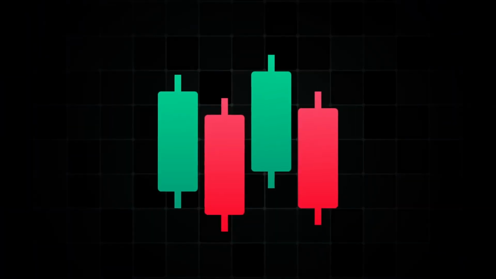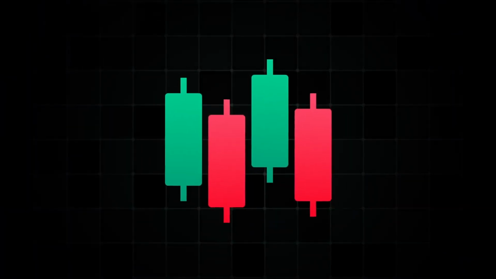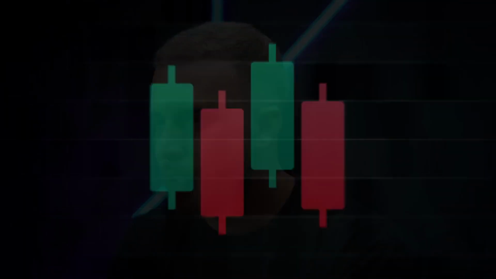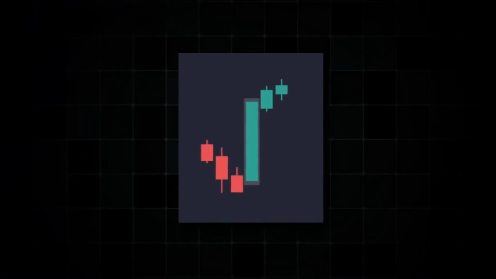The most common colors are green and red, so for this video we'll be using green and red candlestick examples. And the most common example is obviously a big green candlestick, indicating that the buyers are in the market.